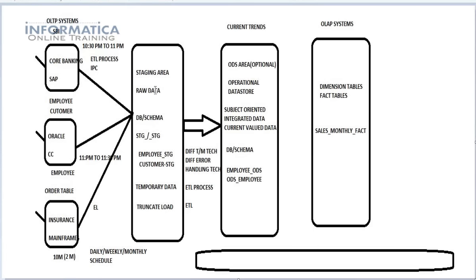You have all the current detailed information only in the ODS layer. The ODS layer maintains the detailed level data, and from it you can build a weekly report or a daily report. Another advantage is understanding current trends.